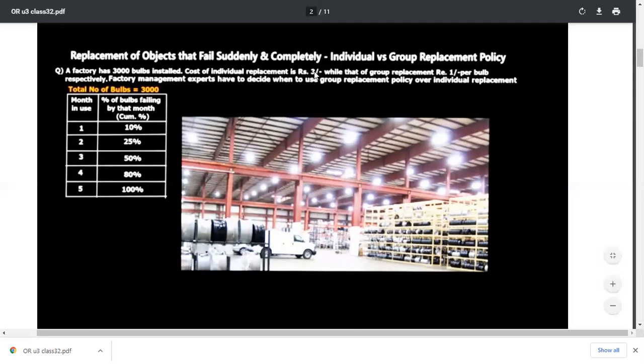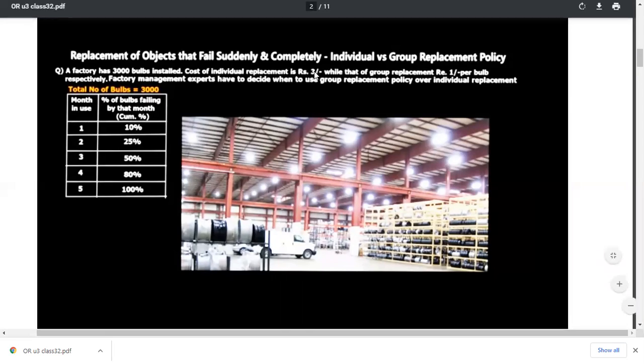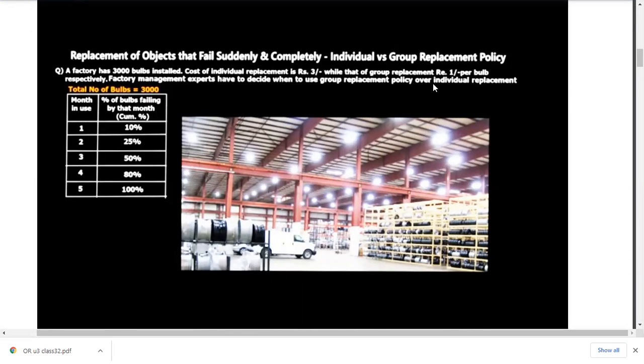Each bulb costs 3 rupees, while that of group replacement is 1 rupee per bulb. If we have 3000 bulbs and we replace the bulbs at a time, each bulb costs only 1 rupee. That is the group replacement policy. For the individual replacement policy, only one bulb is considered, and the cost is 3 rupees.